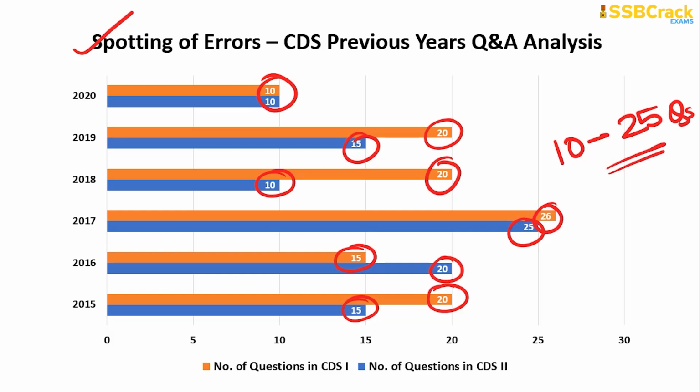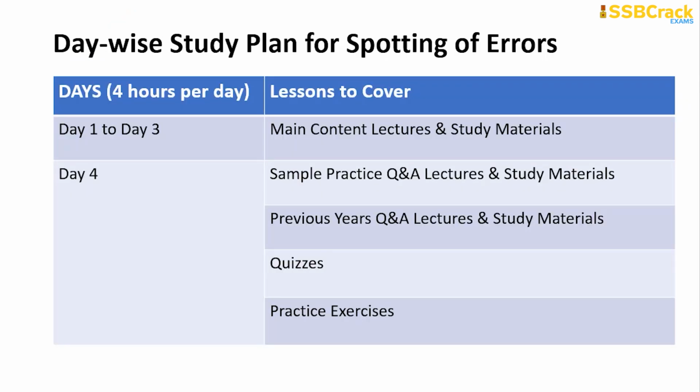You can well understand how many marks you will score if you answer all these questions correctly. That is why spotting of errors is the most important topic among so many in the CDS English paper. So we will go straight into spotting of errors and its day-wise study plan.